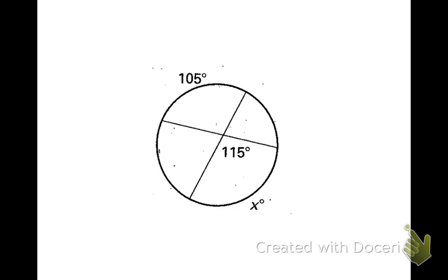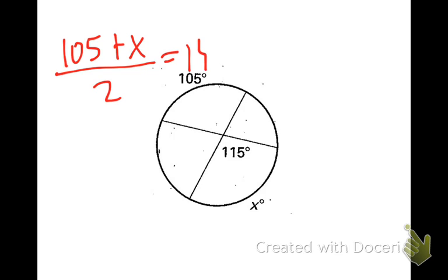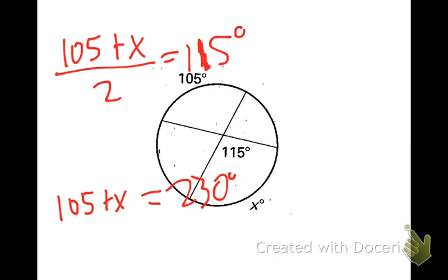The angle's inside the circle, so we add, but it's 105 plus x divided by 2 equals 115. All right, and then we solve, so that's going to be 105 plus x equals 230. So x equals, subtract 105 from 230, you're going to get 125. X equals 125.